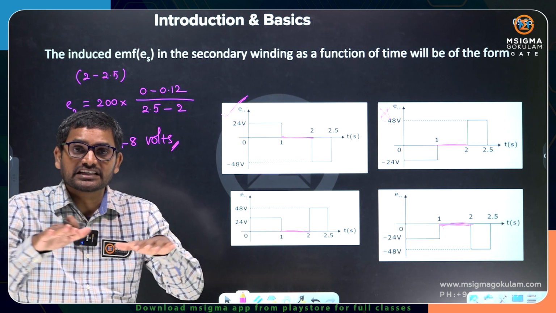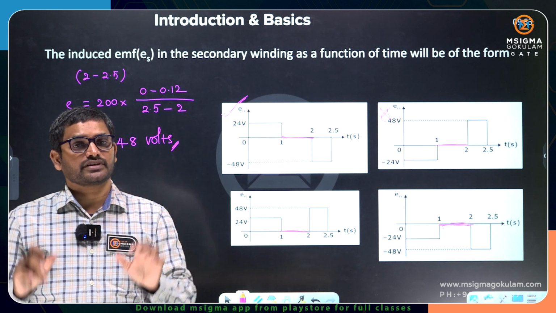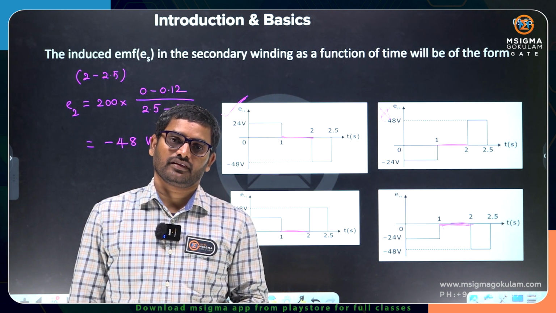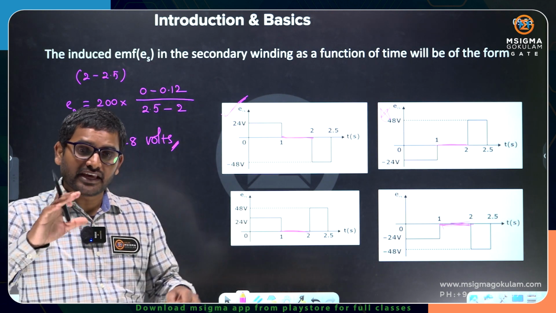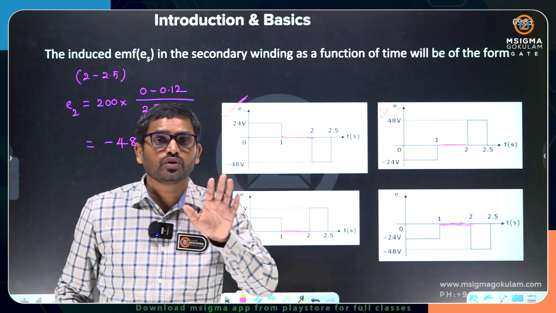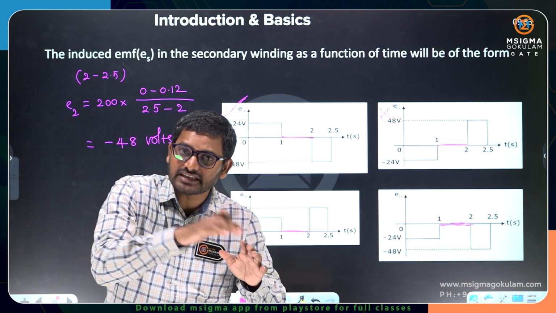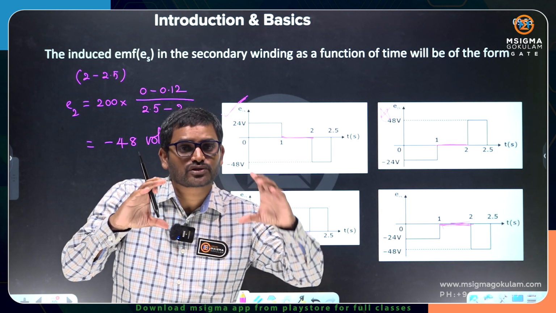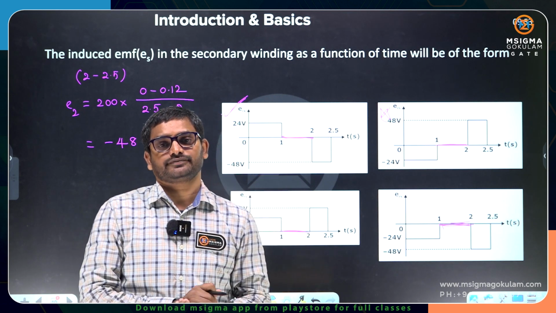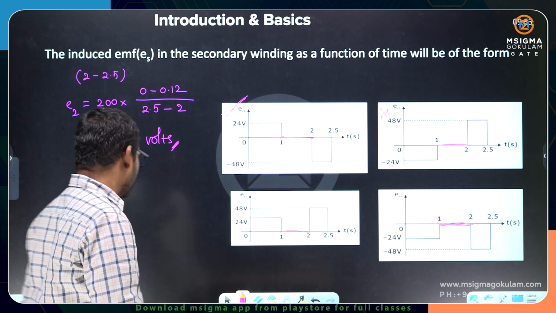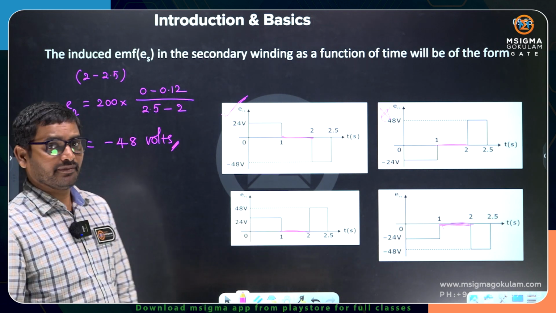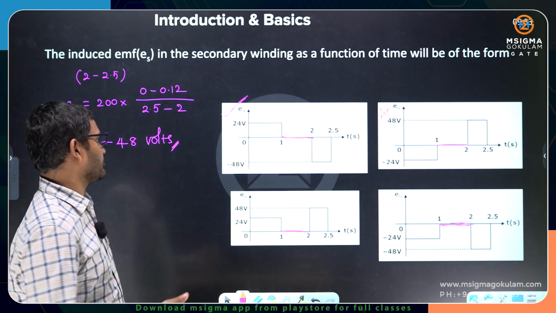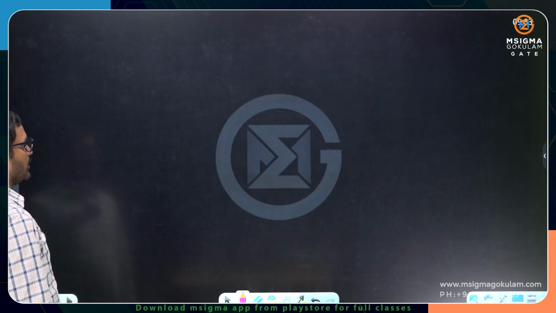If Lenz's law is satisfied, don't take the negative sign. If Lenz's law is not satisfied, then take the negative sign. If the EMF is opposing the source voltage, Lenz's law is satisfied, so don't take the negative polarity. That means the EMF polarity should be the same as the supply voltage. If the EMF is not opposing the source voltage, then take the opposite, negative polarity. So be careful.